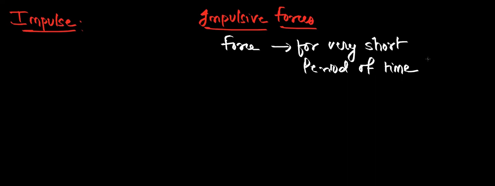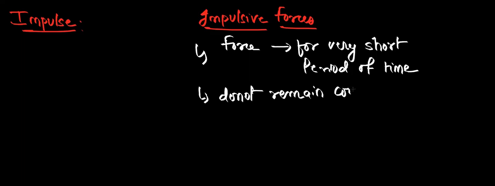It changes, right? Suppose you are applying the brakes on the car during your journey. Do you think all the time you will exert the same amount of force? No, ma'am. If you want to stop the car suddenly you apply more force, if you want to stop slowly you apply a little force. So if you take these impulsive forces throughout the journey, they are not constant. Impulsive forces do not remain constant, because depending on the situation and the journey, they change their magnitude.